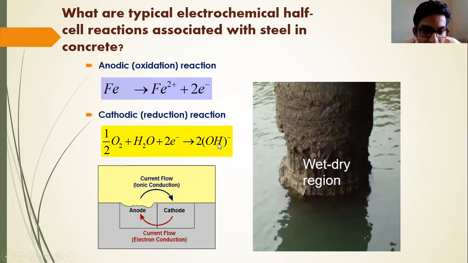These hydroxide ions will again react with the Fe2+ ions to form ferric hydroxide, or the rust. So this is the thing.